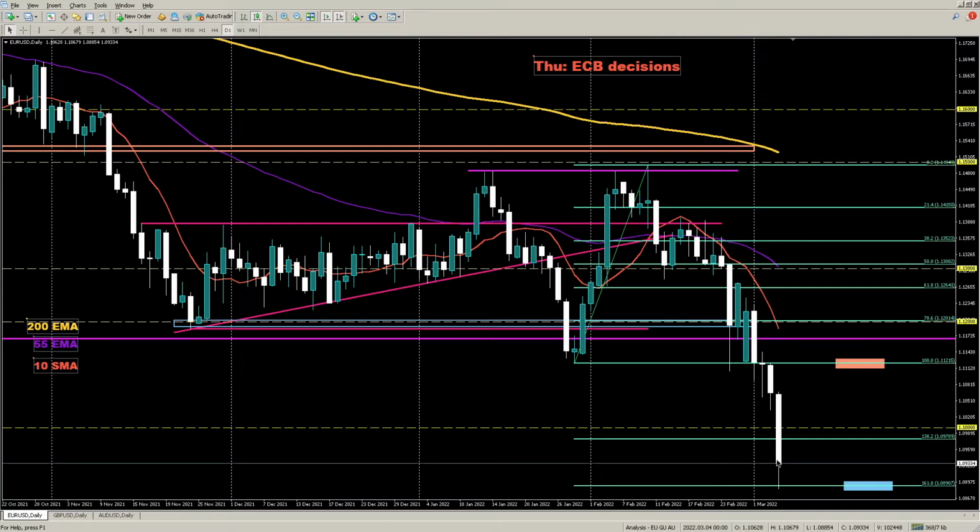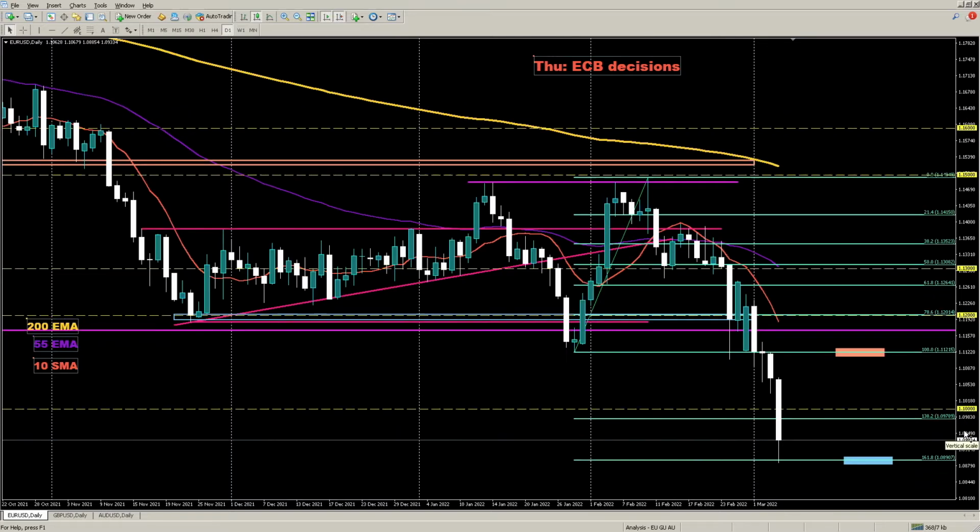It dipped down to just below the 109 level, to 108.85. This 162 extension is at 108.90, let's call it 91.